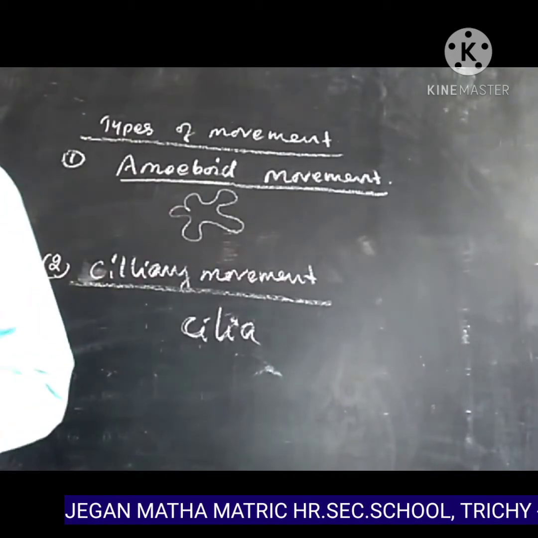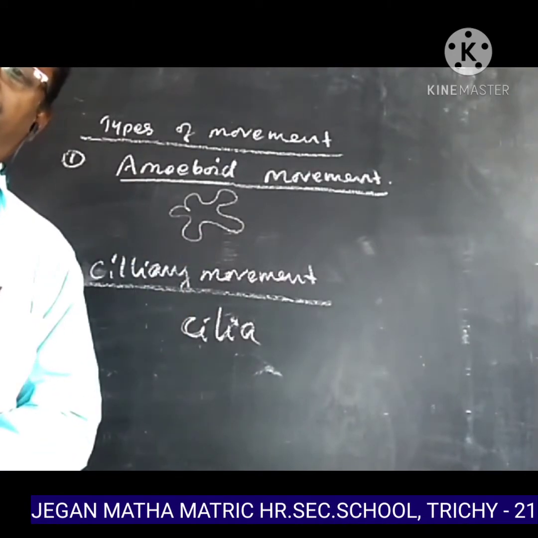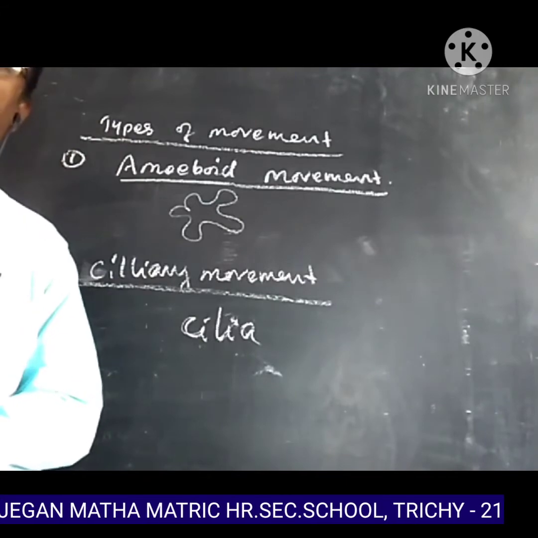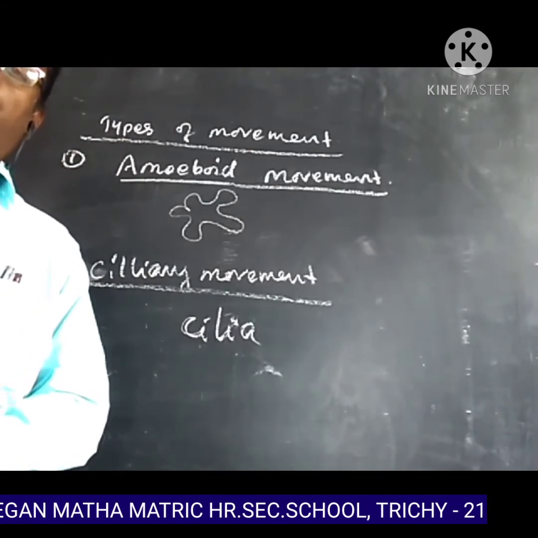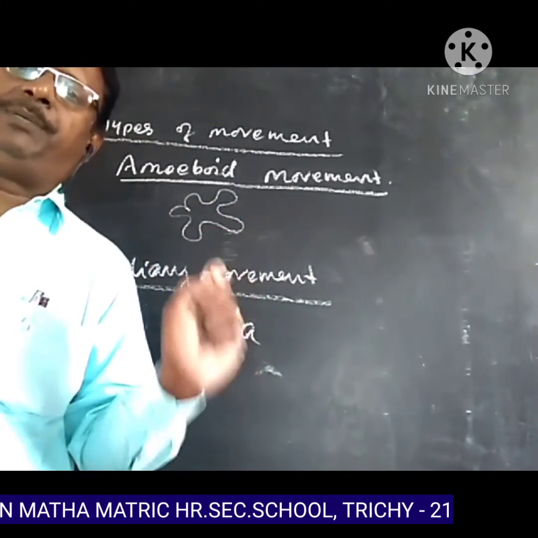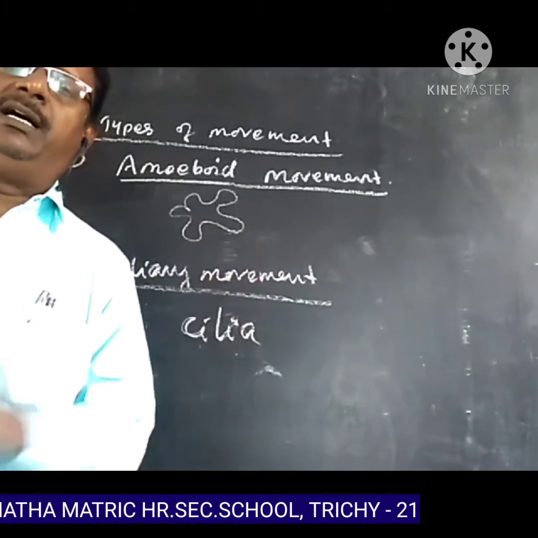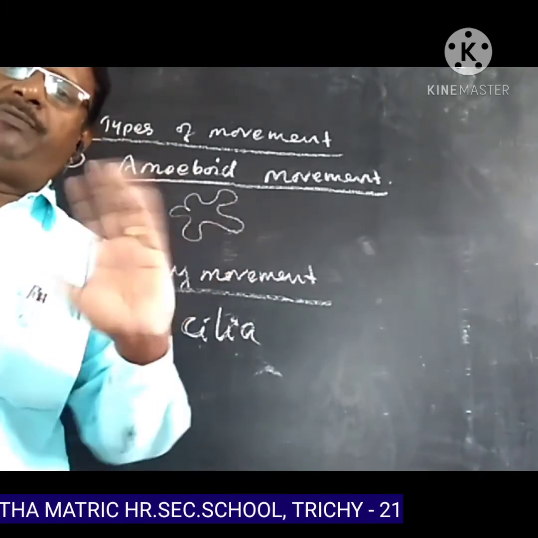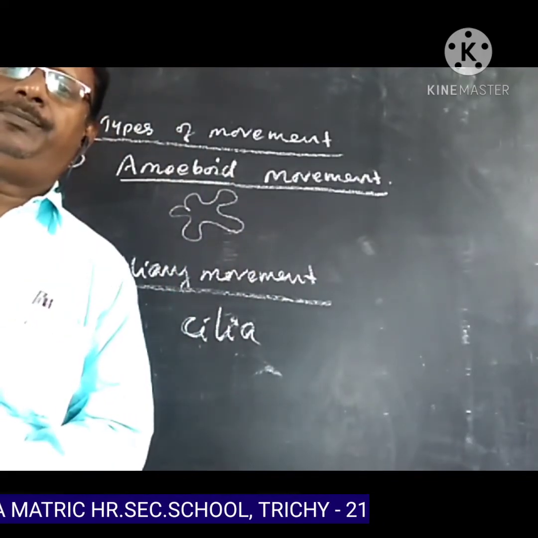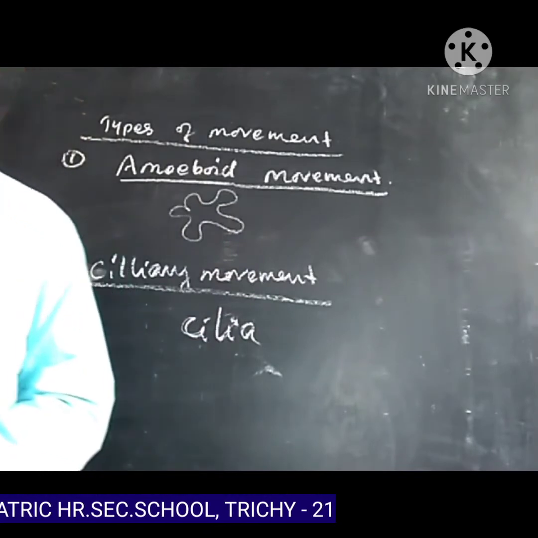They are extensions of the epithelial cells. On the upper part of the columnar epithelium, small hair-like structures called cilia are present. With the movement of the cilia, particles and substances move from one place to another.